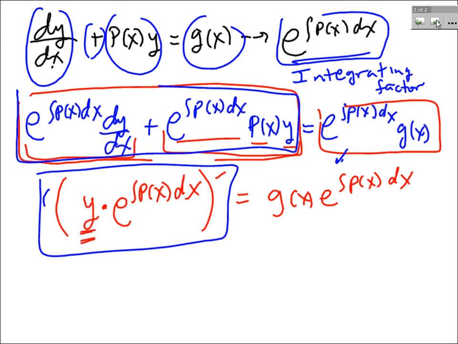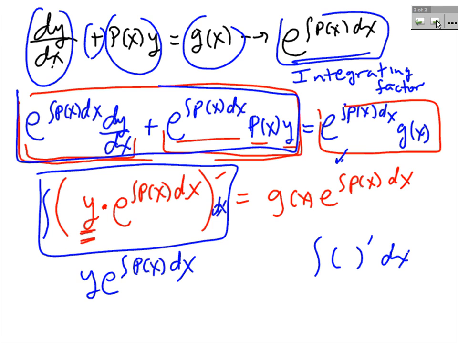If I integrate the left side with respect to x, I just get this back, because the integral of a derivative is just the function you took the derivative of.